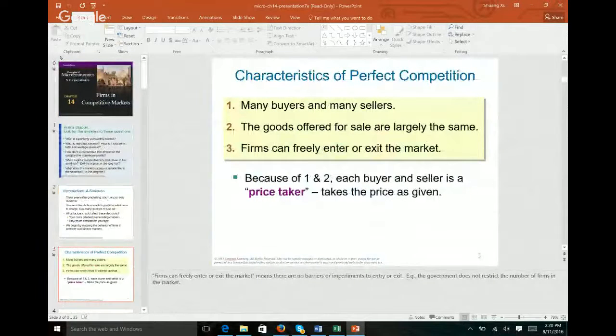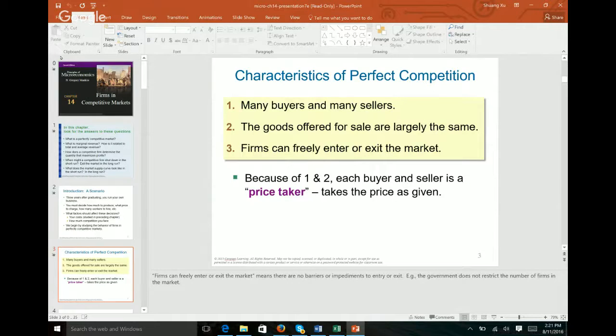So for something to be called perfect competition, this market must have many, many buyers and many sellers. Because you have so many buyers and sellers, nobody has any influence on the price of the good. So each buyer and seller is just a price taker. What that means is you take the prices available to you in the marketplace. You cannot set your own price.